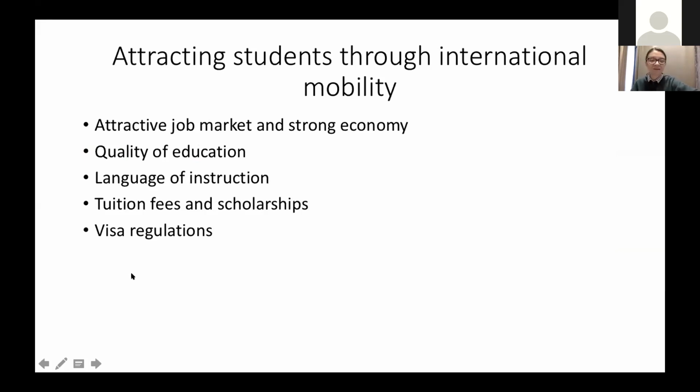Typically, countries attract students by several major pull factors. First of all, an attractive job market and strong economy, which, according to multiple surveys, is one of the key reasons for students to choose a certain country for their education.